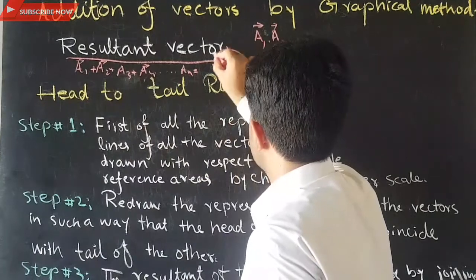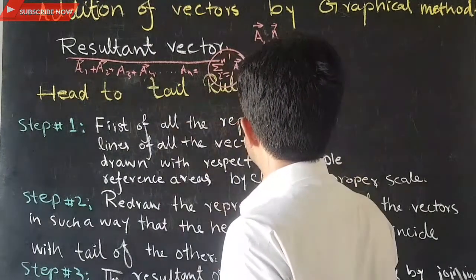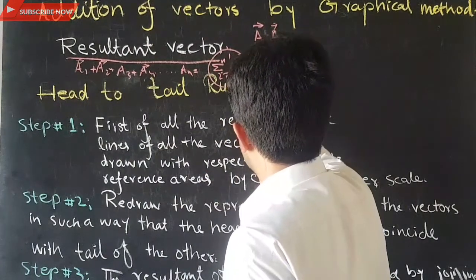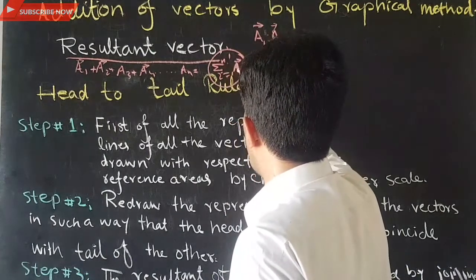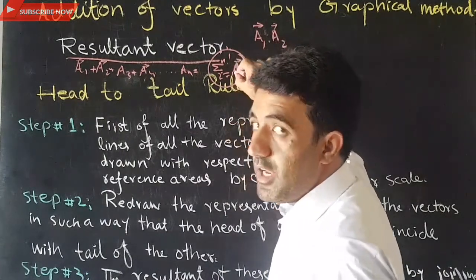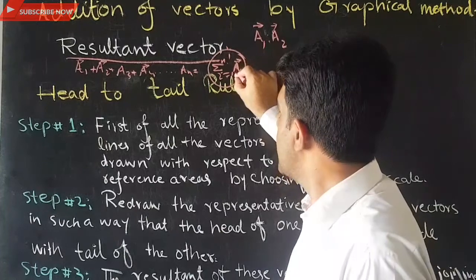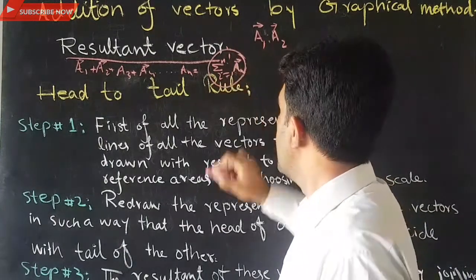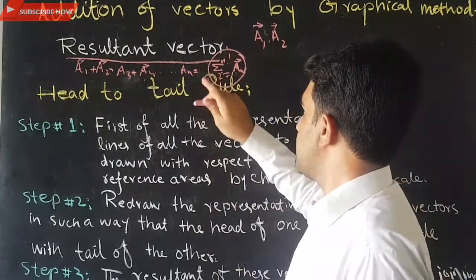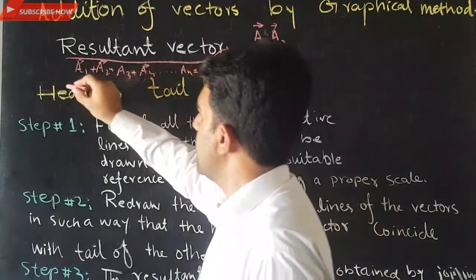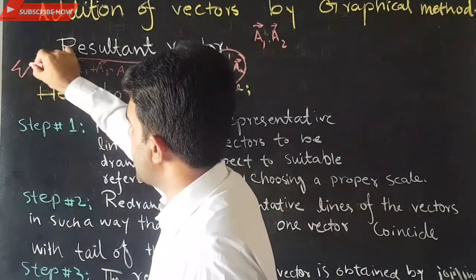Here sigma, i from 1 up to n, and A with subscript i is the vector. This is the sigma sign.